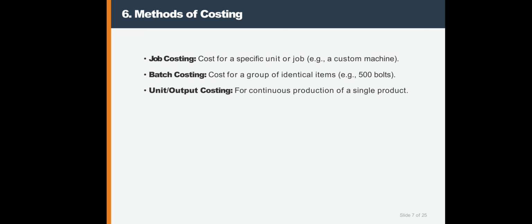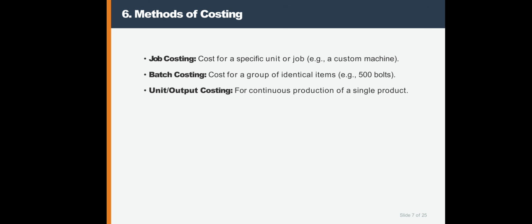The method of cost accounting adopted differs according to the nature of the business and types of products manufactured. The commonly used methods are, as I earlier said, job costing, batch costing, unit or output costing, process costing, departmental costing, operating costing, etc. Job costing is concerned with finding the cost of each individual job or contract.